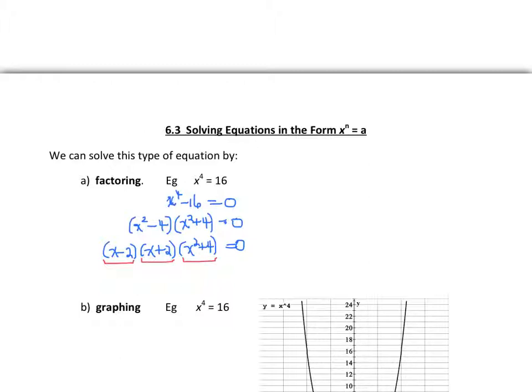So we know that either x minus 2 equals 0, in which case x equals 2, or x plus 2 equals 0, in which case x equals negative 2.